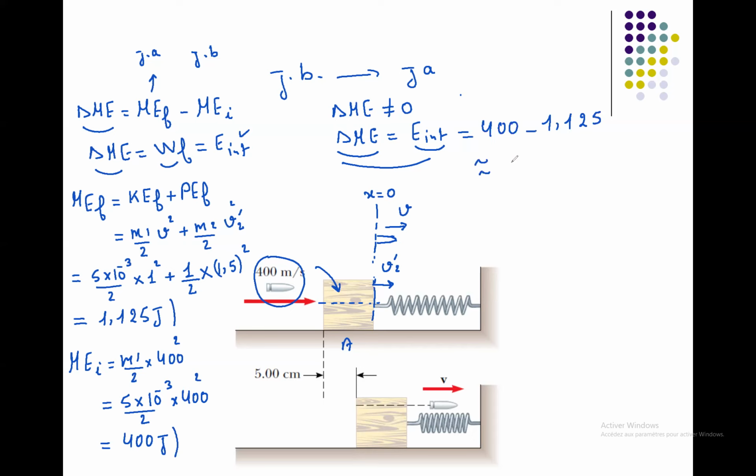Okay, it's about 398 joule. Excuse me, here equals to 1.125 minus 400 equals to minus, it means we lost this value as internal energy.